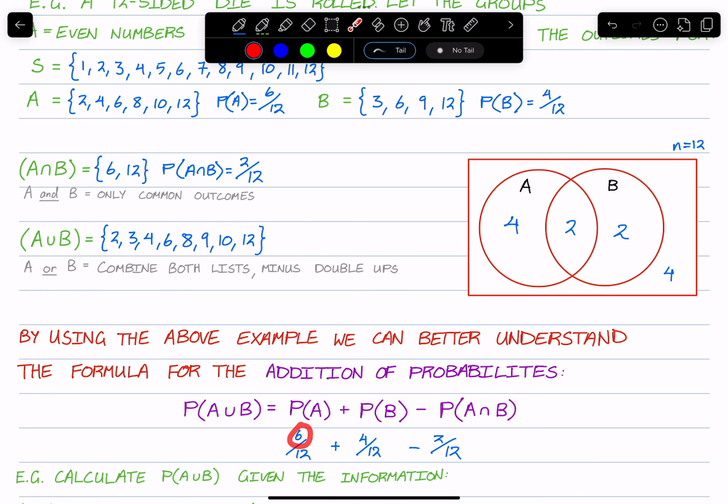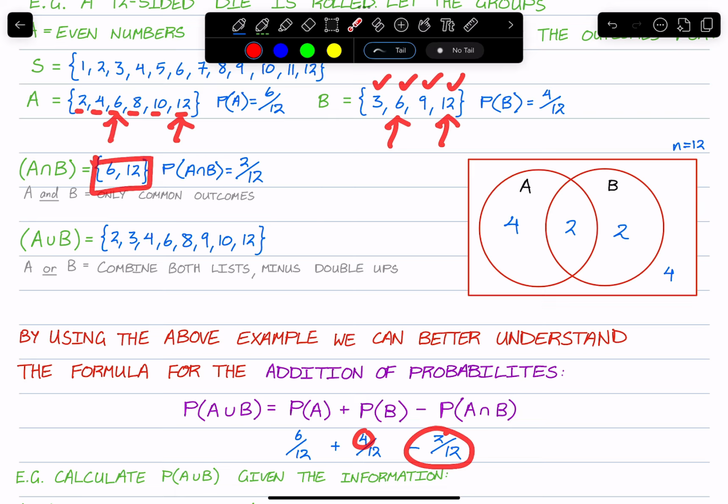These 6 are these ones, 1, 2, 3, 4, 5, 6. These 4 are these 4, 1, 2, 3, 4. But notice we are counting 6 and 12 twice. To account for that, we subtract the common items, so minus 2 in 12.